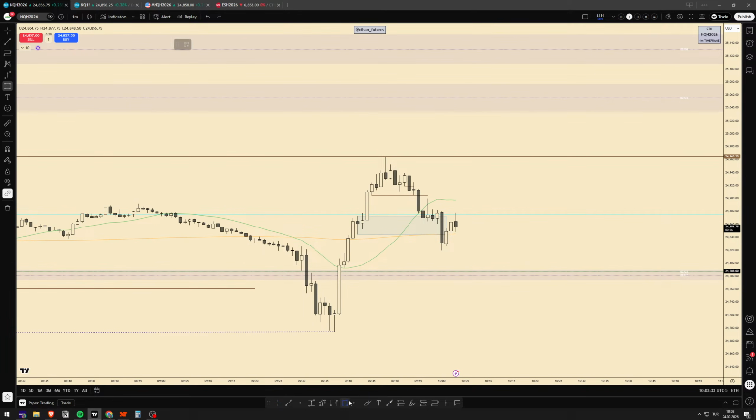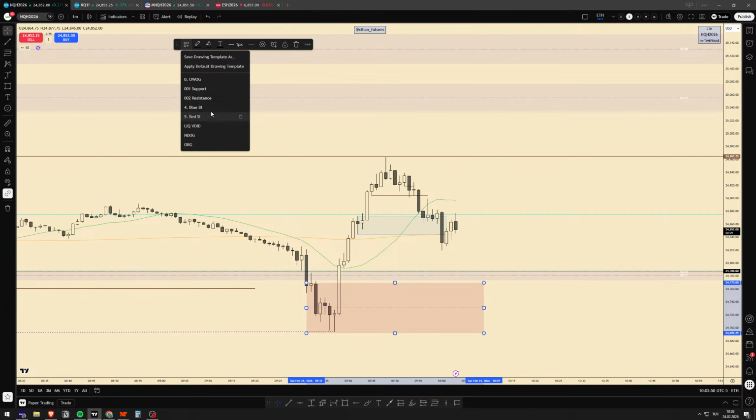Currently, I am looking at two little consolidation areas. Maybe one of them is this one, right below this previous weekly gap, weekly opening gap.